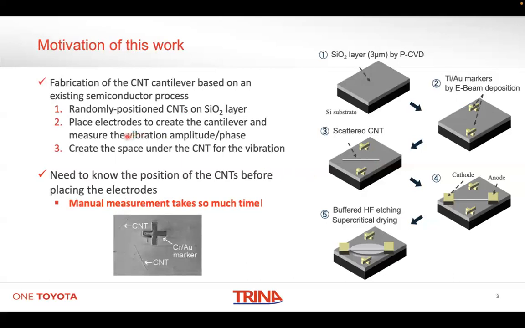To achieve it, we need to know where it's located. If we get the information, we can make the CAD file to make the electrode on the edge like this one with E-beam lithography or something. And then we can make the cantilever structure or nanobeam structure like this one.